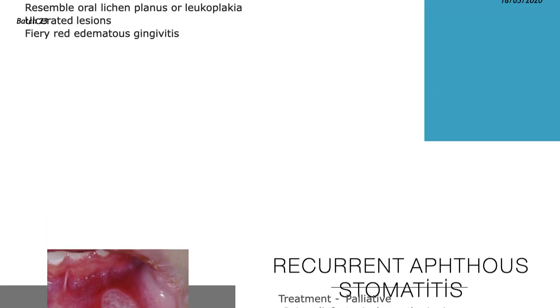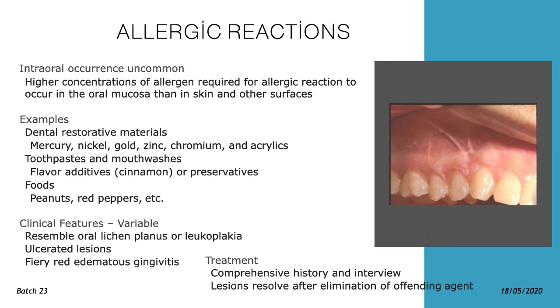The final part of the topic is allergic reactions. The next part of acute infection may be due to allergic reactions, but intraoral occurrence of allergic reactions is uncommon. You need higher concentrations of allergens when compared to skin allergies. Less allergen is required to cause a skin allergy compared to oral mucosal allergic reactions.